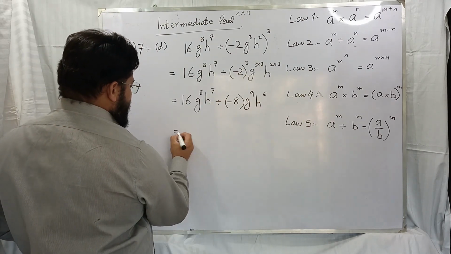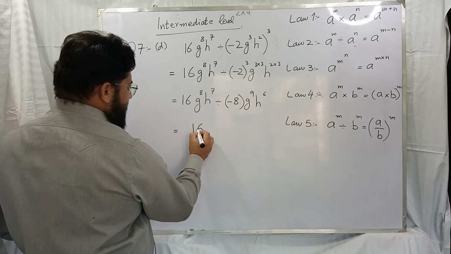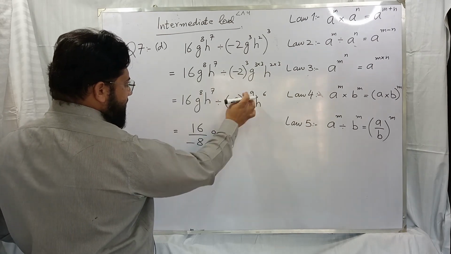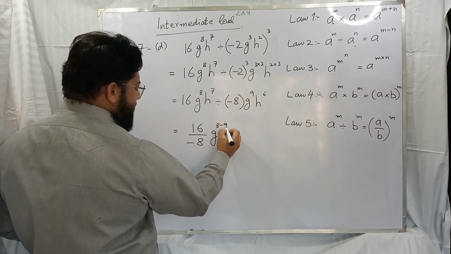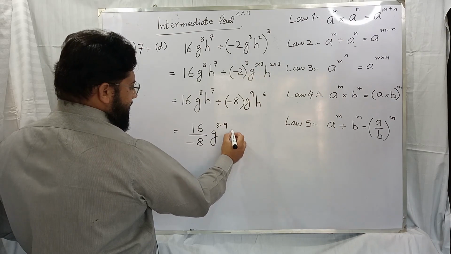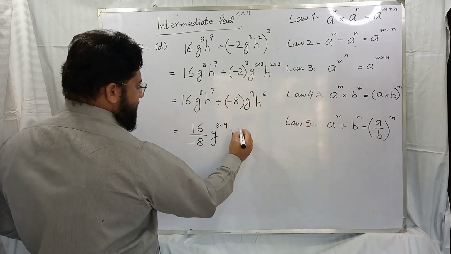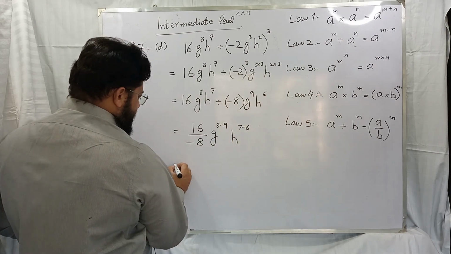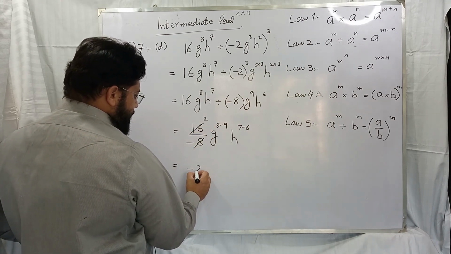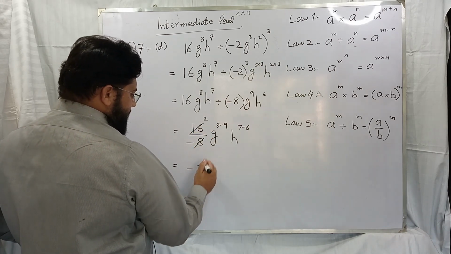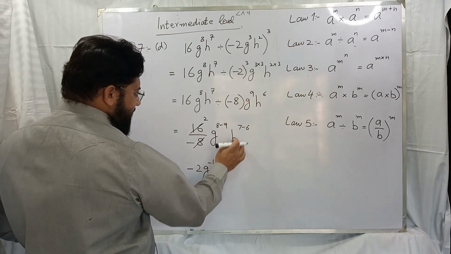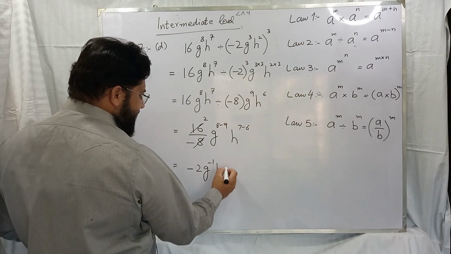Next, divide the values. 16 over minus 8, g 8 minus 9, h 7 minus 6. 8 ones are 8, twos are 16, so minus 2, g 8 minus 9 minus 1, h 7 minus 6, 1.